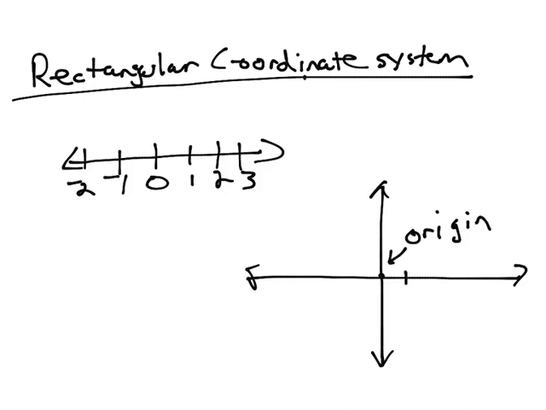What we do is we take the number line from our previous learning, and we cross it perpendicularly with another number line.